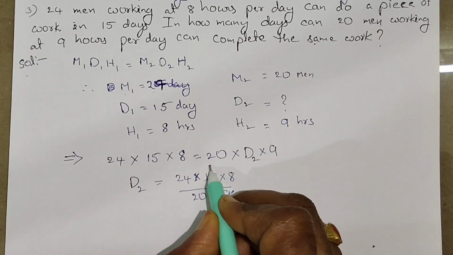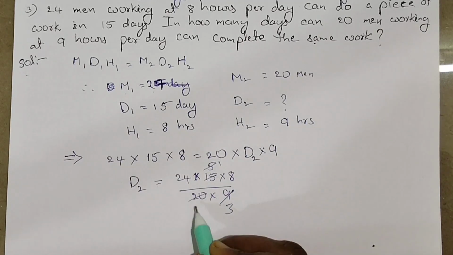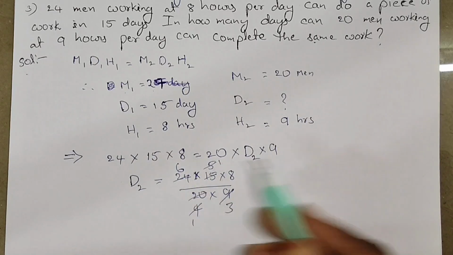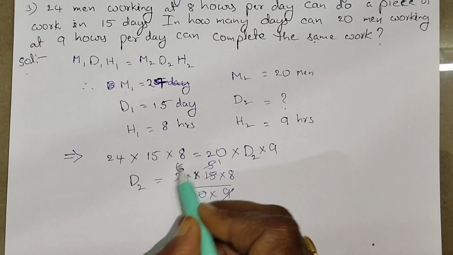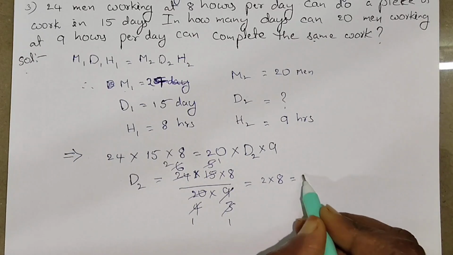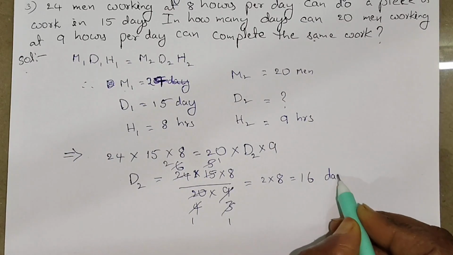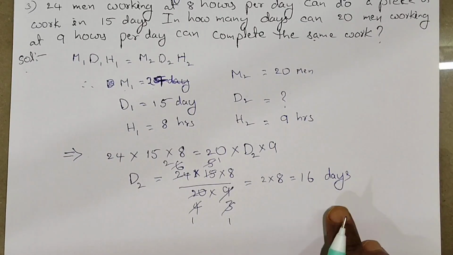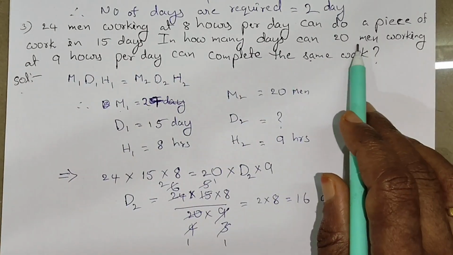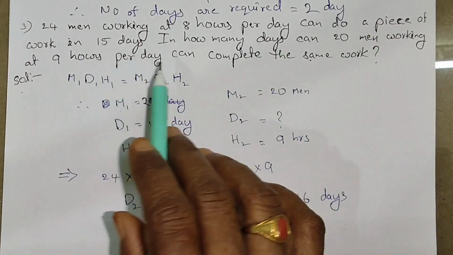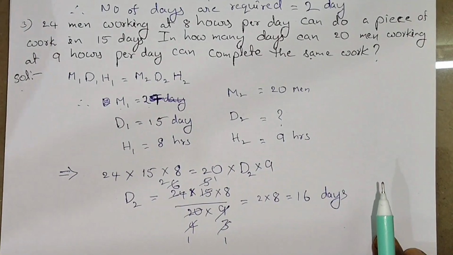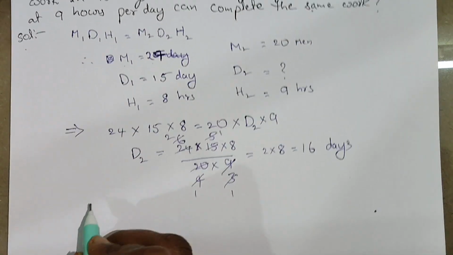So now here 3 threes are 9, 3 fives are 15, 5 ones are 5, 4 ones are 4, 4 sixes are 24. So 3 ones are 3, 2 twos are 2 into 8. So 2 eights are 16. Here 16 days is the answer. 20 men working at 9 hours per day can complete the same work in 16 days. So the number of days required is 16.